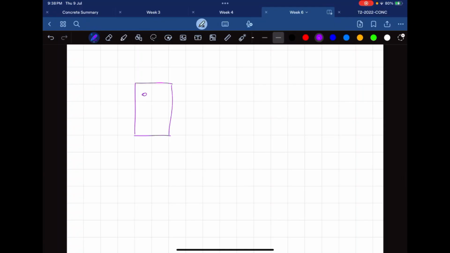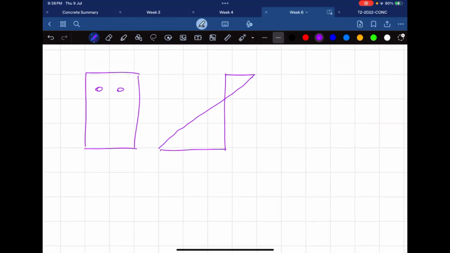So you've got your comp steel here, you've got your strain distribution like this. This up here is 0.003. From here to here we have dn, and then to the center of the bars we have dsc.